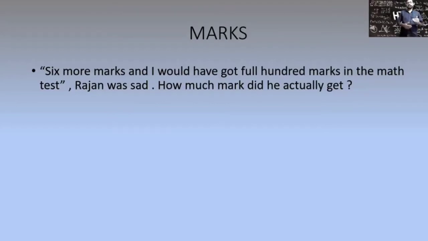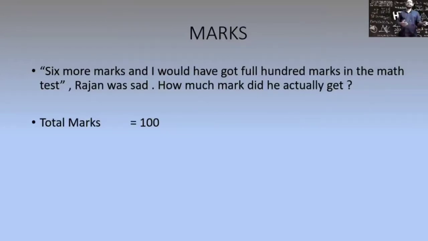If you are given a question in mathematics, first of all, you have to read the question again and again until you understand each and every word. Clear? Okay, very good. So the question says, we are given the total marks is 100. It is given in that question.